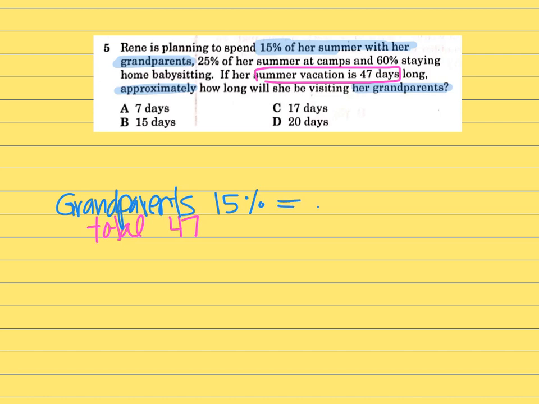I'm going to take 15% and make it a decimal, so 0.15, and then I just need to multiply these together. 47 times 0.15. When you multiply those, it's 7.05, and it says approximately, so we're going to go with that she is spending approximately 7 days at her grandparents'.